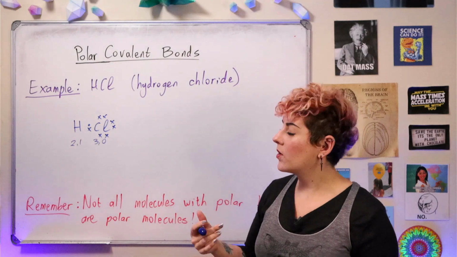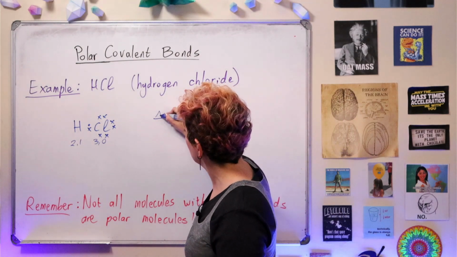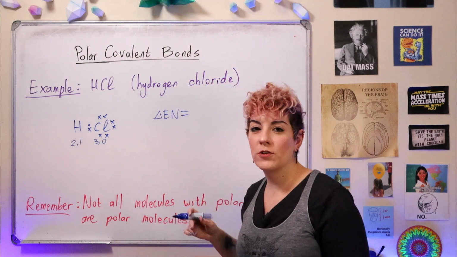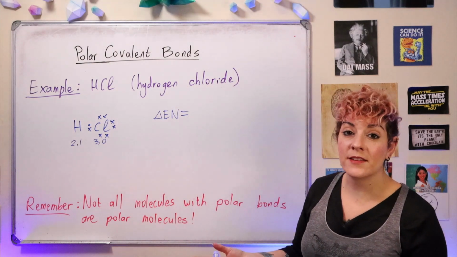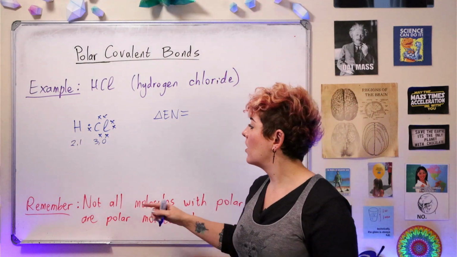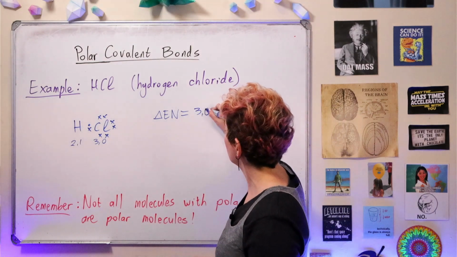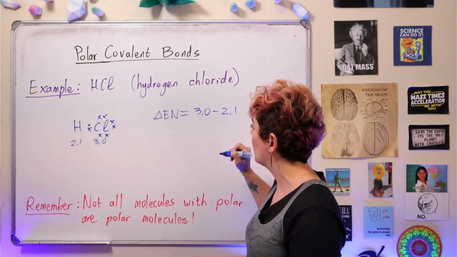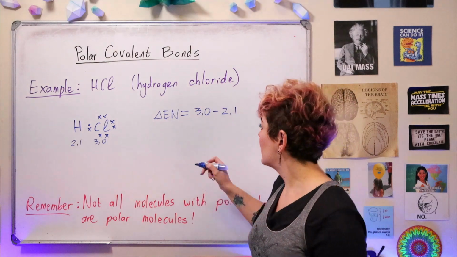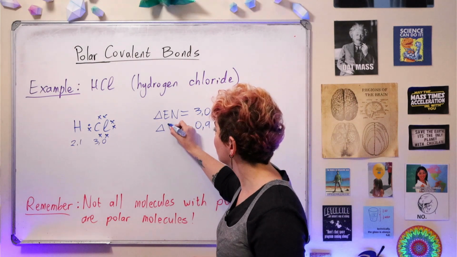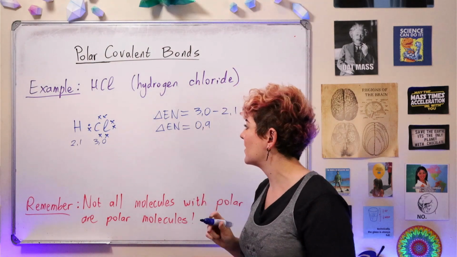So now let's work out the difference in electronegativity, delta EN. There's no official formula, you just jump straight to the substitution where you take the larger value minus the smaller value. So 3,0 in this case minus 2,1. That's going to give us an answer of 0,9 for my difference in electronegativity.